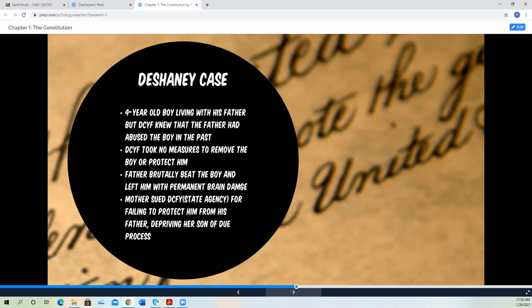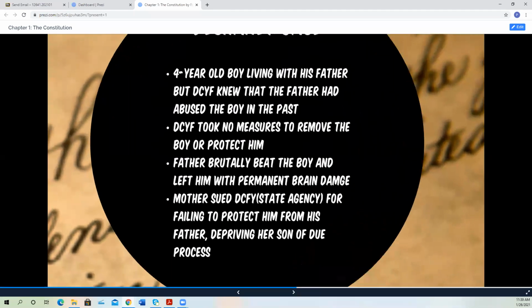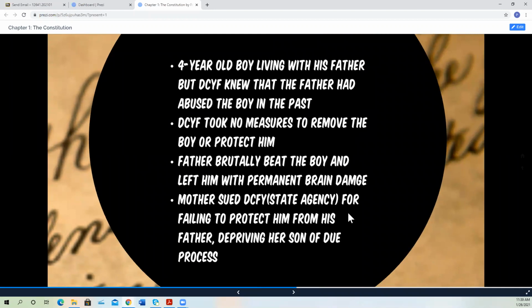And then unfortunately, the father brutally beat the boy and left him with permanent brain damage. And the mother and the boy's estate sued DCYF, again, a state agency, so they were suing the state for failing to protect him from his father, depriving her son of due process. This was the lawsuit.